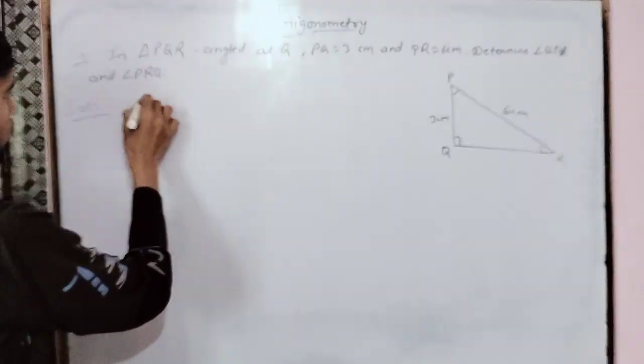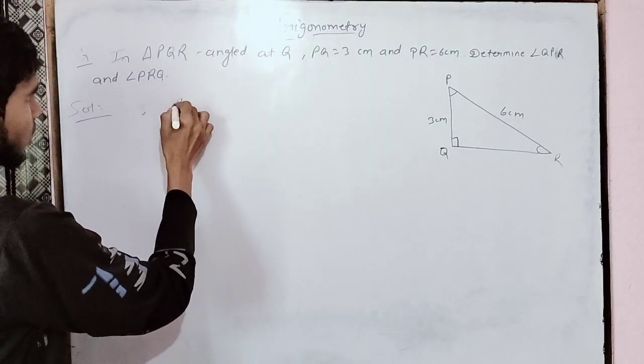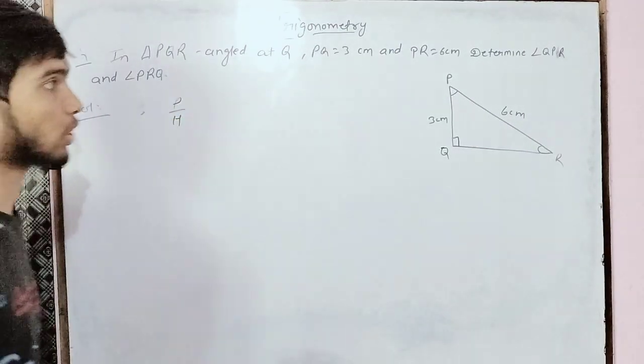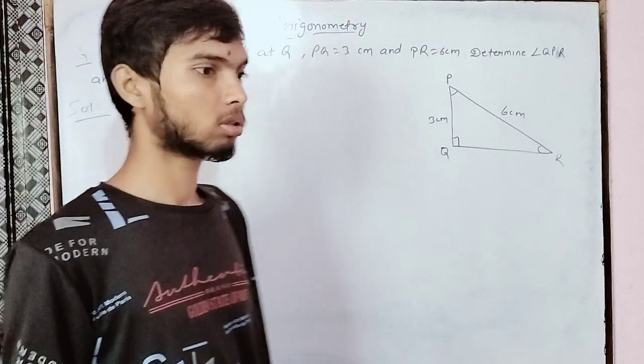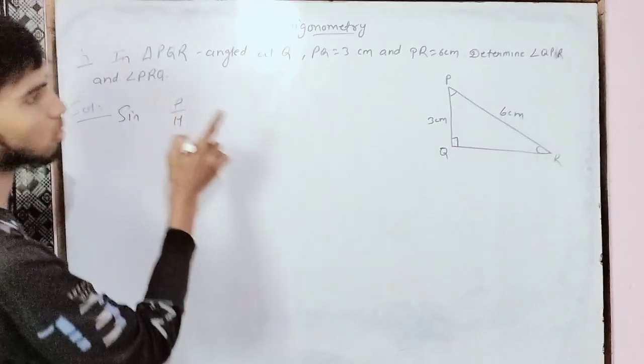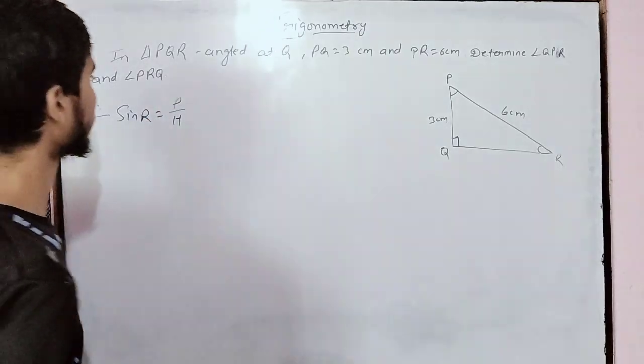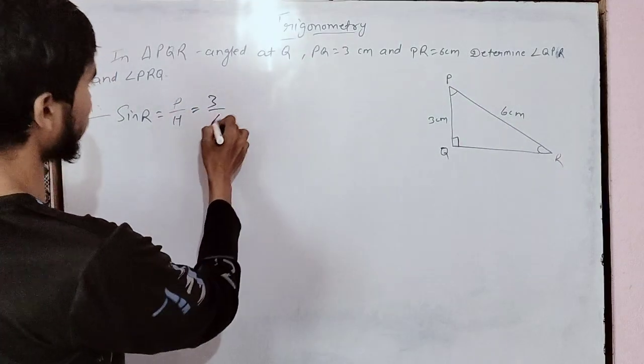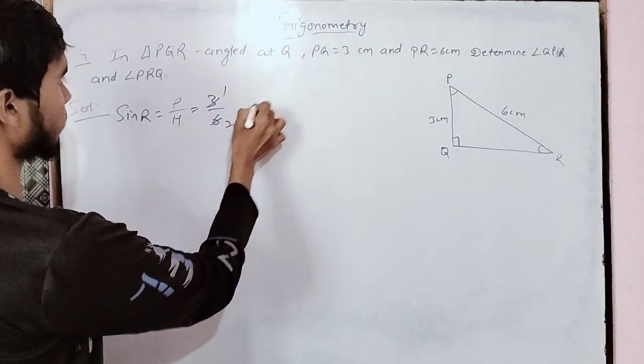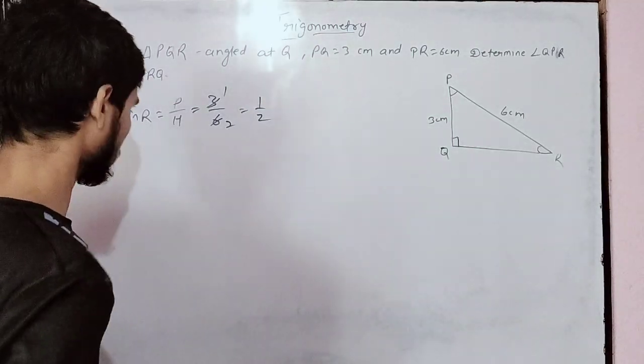Here can I say P upon H? P upon H is the ratio of sine, isn't it? Sine. So where is the angle? R. Clear? Now P is 3 and H is 6. After simplifying it, we will get 1 upon 2.